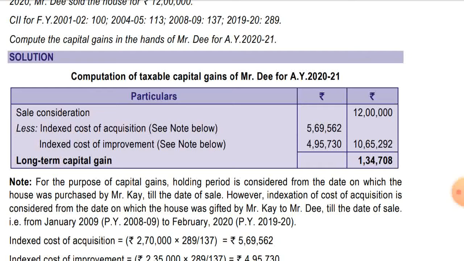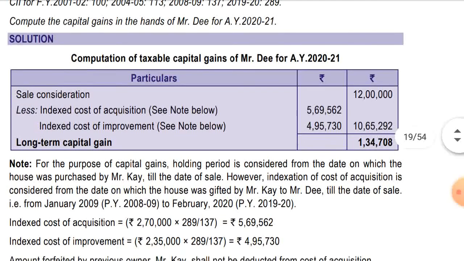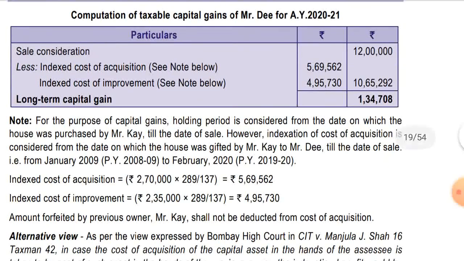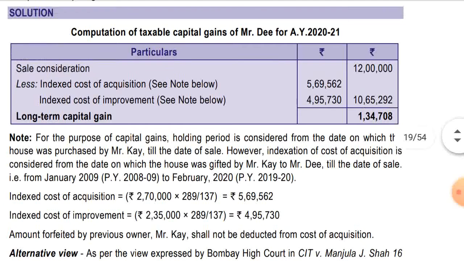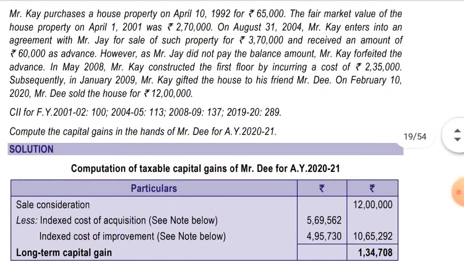However, for indexation they are taking a different view, as we have seen in previous illustrations as well, in my first video, that they are taking a different view when Mr. D has received. At that time indexation they are taking, but we can take on the basis of the High Court judgment of CIT versus J. Manjula Shah, index cost of acquisition for the year in which Mr. K has acquired, that is fair market value.